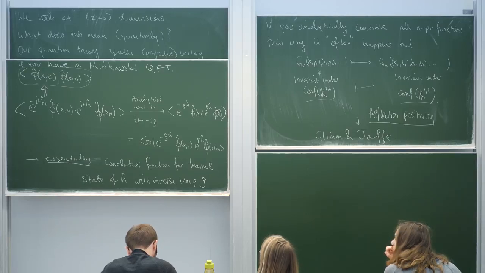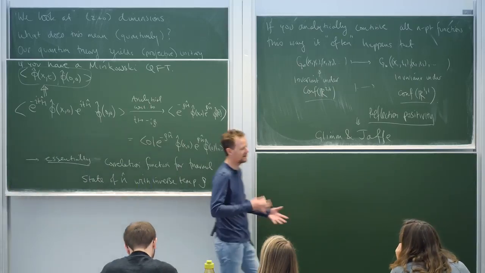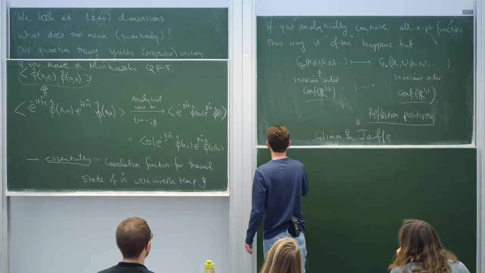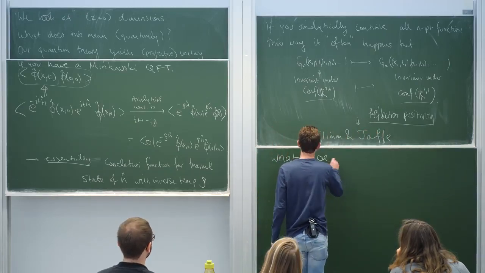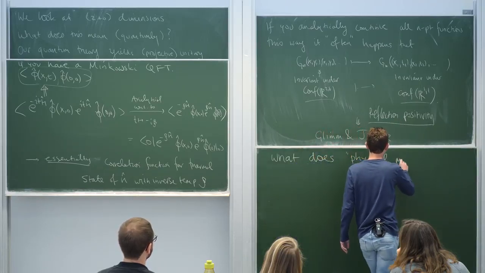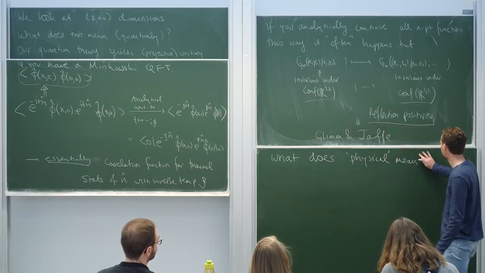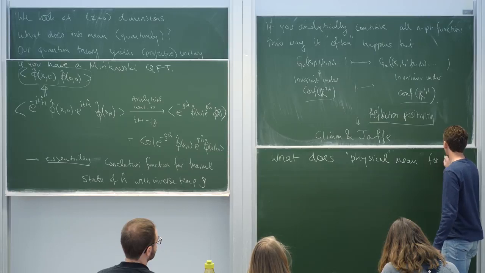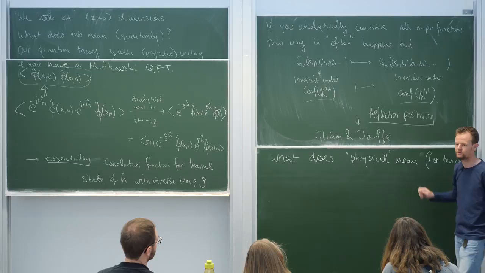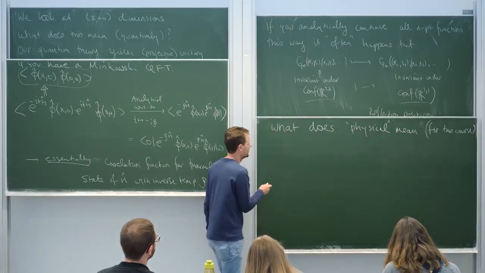This is one of the reasons why quantum gravity is so unbelievably difficult, because you can't bake time in beforehand. So let's digress and address the question. What does physical mean? For this course, I'm taking a very broad view.